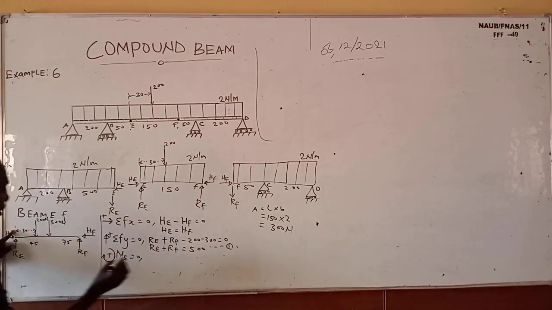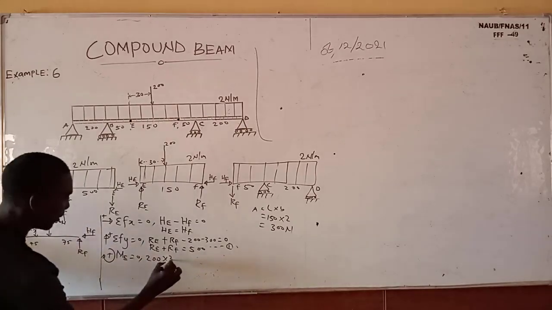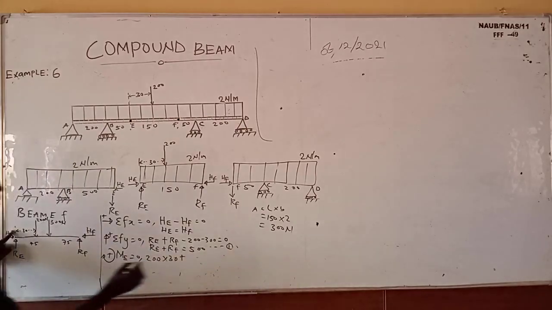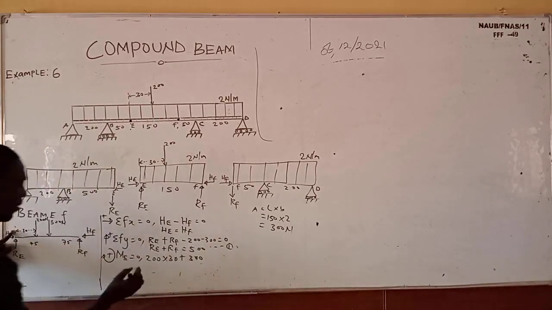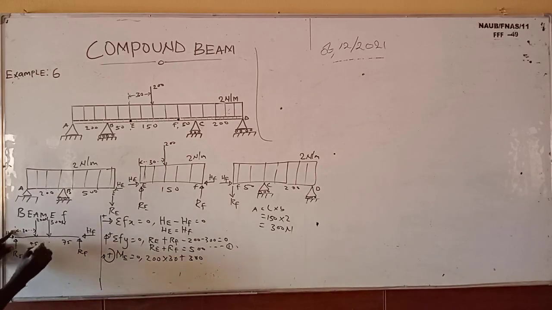So let's start with this. This one is 200 times the distance it covers, which is 30, plus 300 times the distance it covers, which is 75. You know it's acting at half of the center. So from here to here is 75, and from here to here is 75.